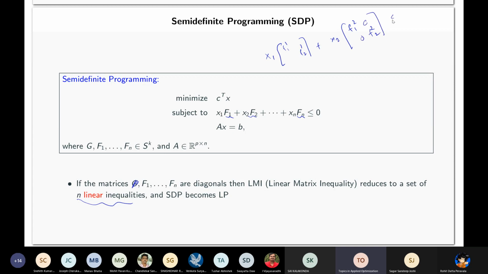So if they happen to be diagonal, then they turn out to be just linear inequalities: x1 F1 1 plus x2 F1 2 is less than or equal to 0, and then x1 F2 1 plus x2 F2 2 is less than or equal to 0. So they boil down to just a set of linear inequalities. So that's what it's saying: if diagonal, then SDP becomes LP. So SDP is just a slight extension of LP.